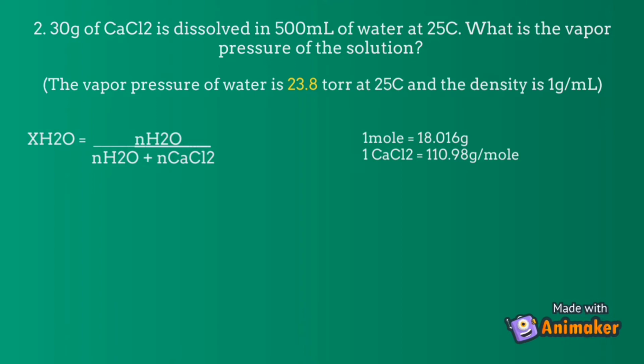So what we need is to convert the 30 grams of calcium chloride into mole of calcium chloride and the 500 ml of water to mole of water.